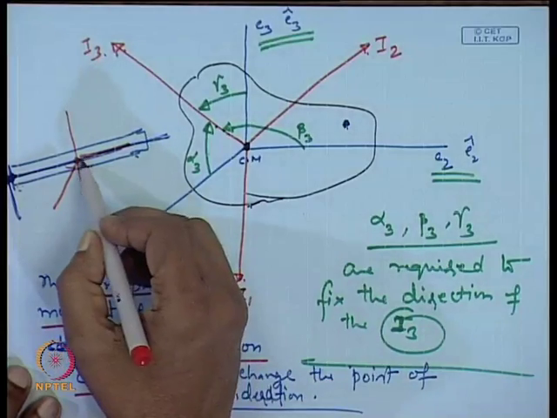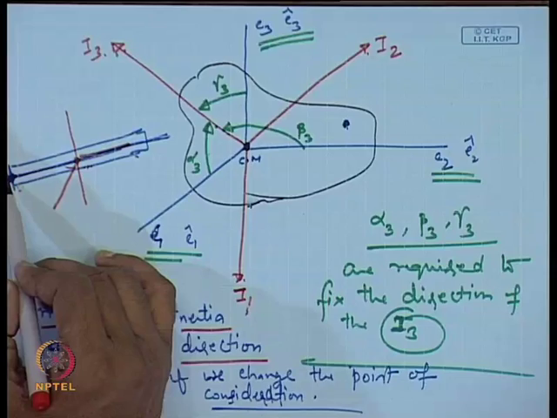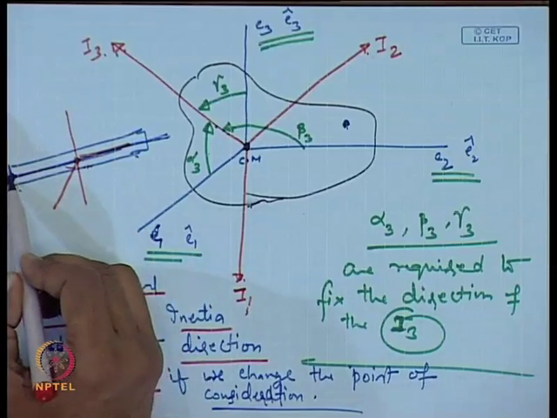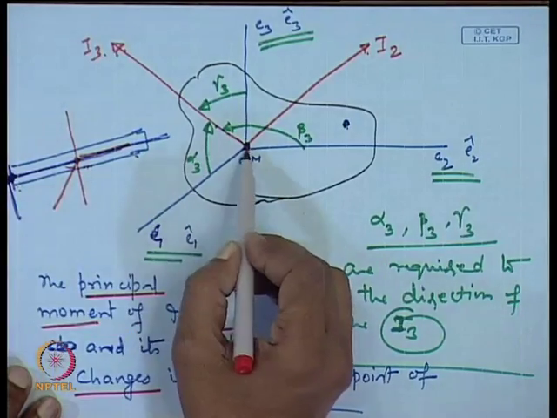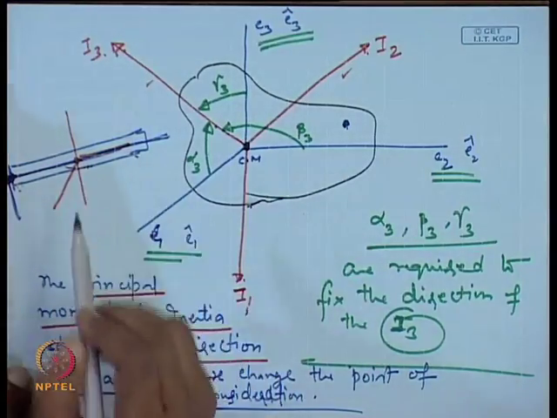Here the principal moment of inertia will be something else, and at this point it will be something else. The direction of the principal moment of inertia at this point, as we have shown here, will be different, and at this point also it will be different.